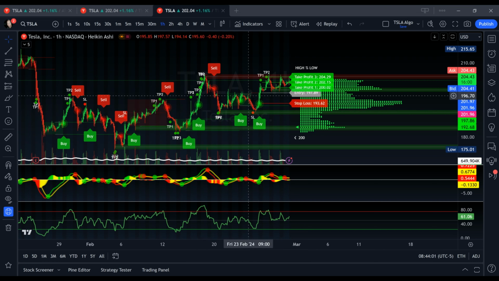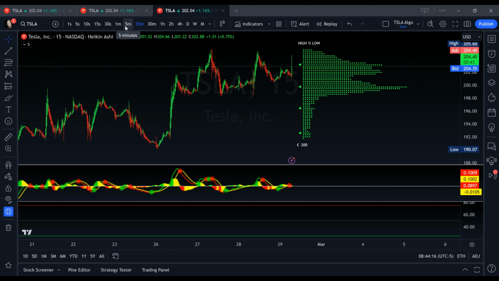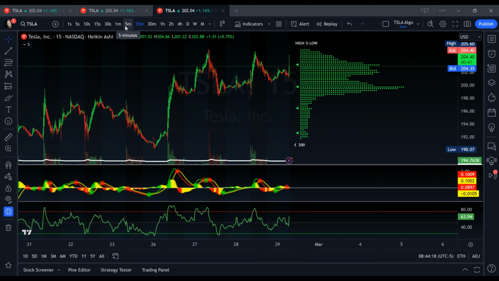They have their orders in right here, and we have the next level right here. So we would drop down to the next level on the 1 hourly. But if you want to pick up those smaller pivotal points, and in options, remember, every point that the price changes, you're picking up that delta and then some, gamma and whatnot.